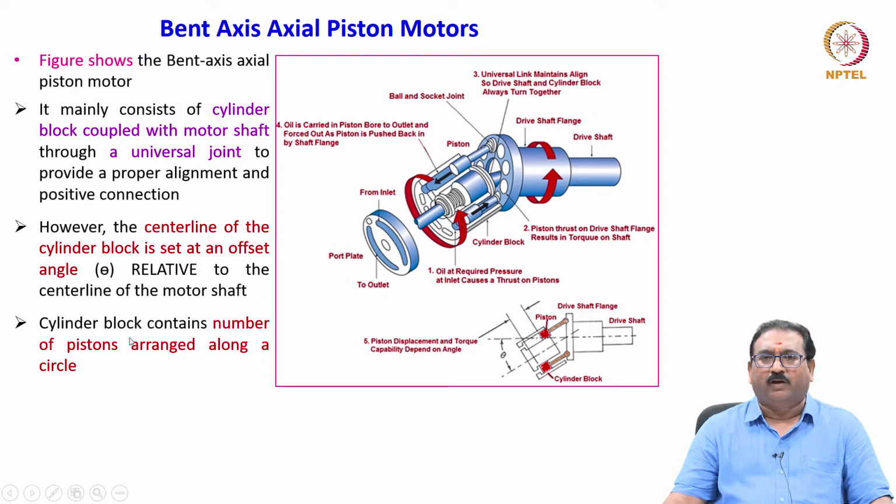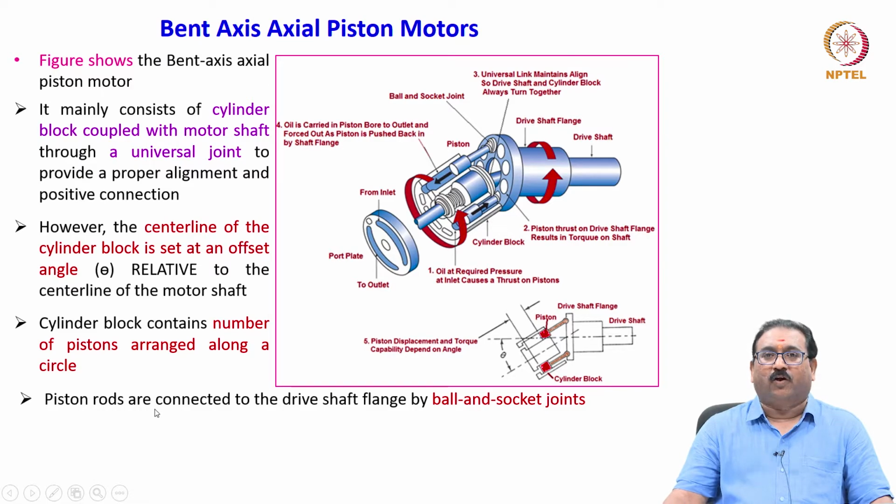Now, the cylinder block contains a number of pistons arranged along a circle. Piston rods are connected to the drive shaft flange by ball and socket joints.